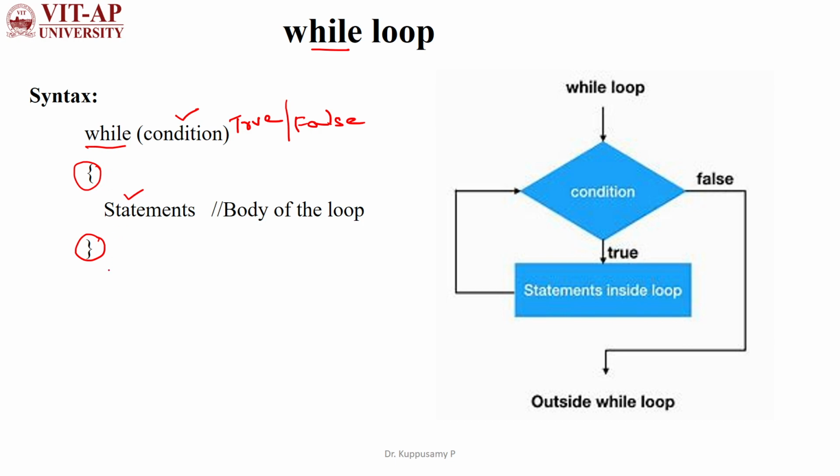The execution will come out of the while loop. So the flowchart is given here. If the condition is true, then the statements available inside the curly braces of the while loop will execute. Otherwise it will come out of the while loop block of statements.